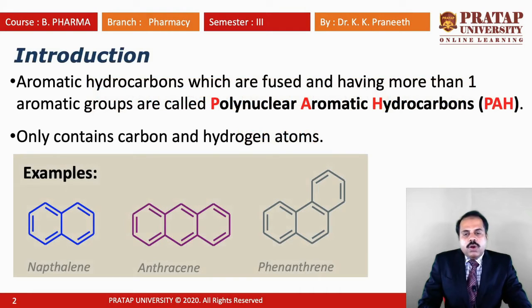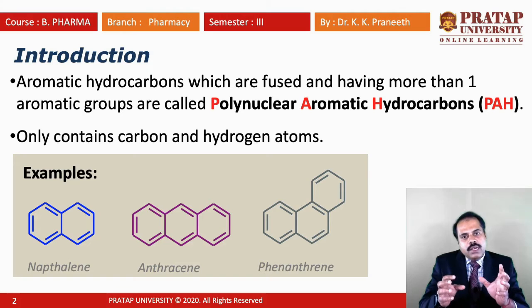So what are polynuclear aromatic hydrocarbons? Basically, they are aromatic hydrocarbons, meaning they contain only carbon and hydrogens, and these aromatic groups are fused. For aromatic, we can immediately think of benzene, right? It is the simplest aromatic compound available.